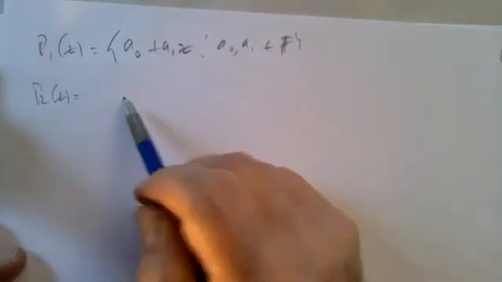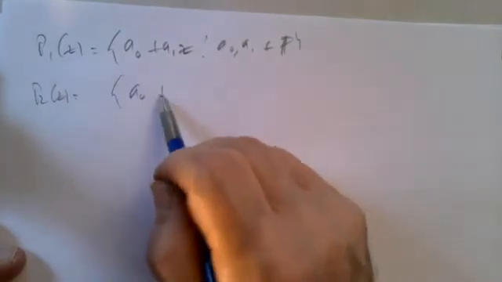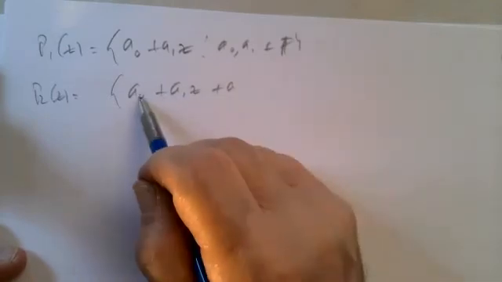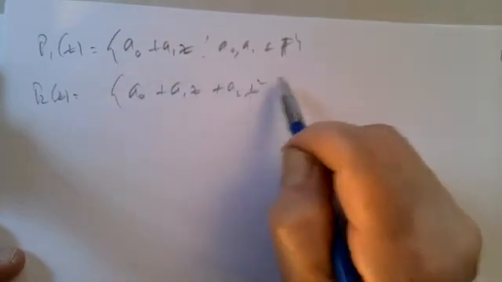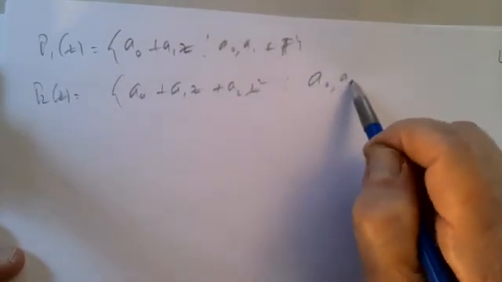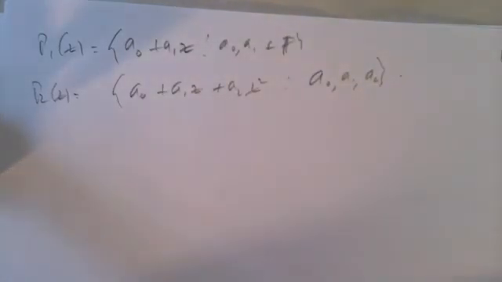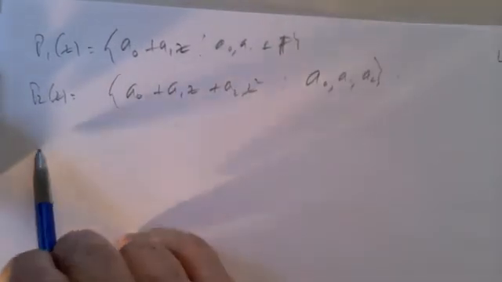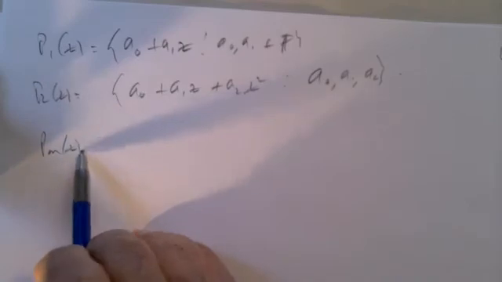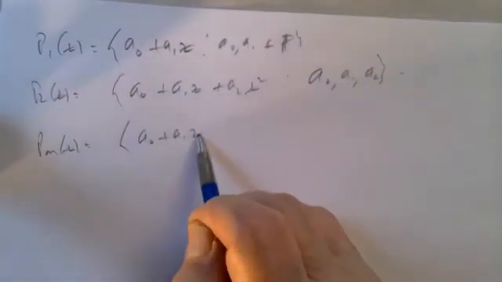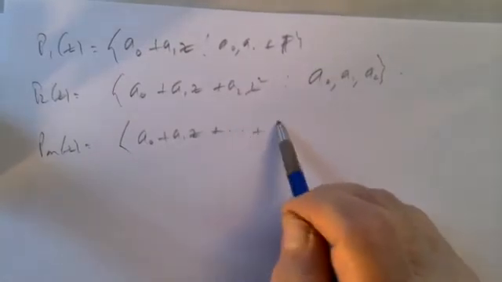In P2 of z, we can have polynomials of degree up to 2, A0 plus A1z plus A2z squared, and so forth. And again, P sub m of z is all polynomials of degree at most m.